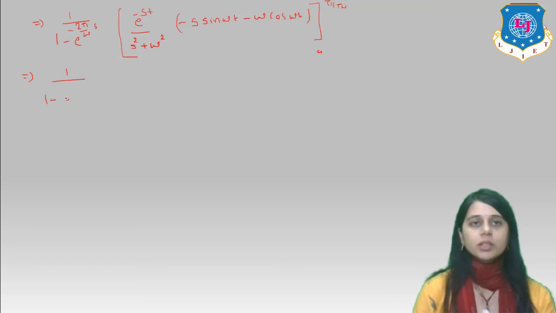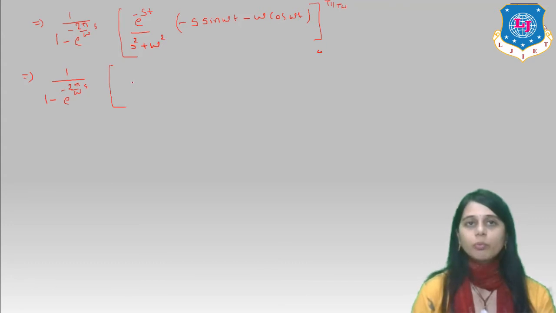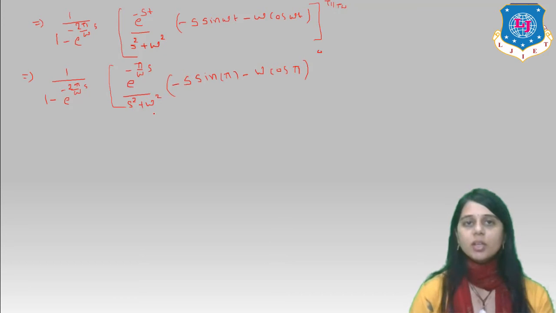1 upon 1 minus e raised to minus 2 pi by omega s. Put the upper limit: e raised to minus pi by omega s upon s square plus omega square, times minus s sin of omega times pi by omega, so it is sin pi, minus omega cos pi. It is our upper limit minus the lower limit: 1 upon s square plus omega square, times minus s sin 0 minus omega cos 0, and cos 0 is 1.